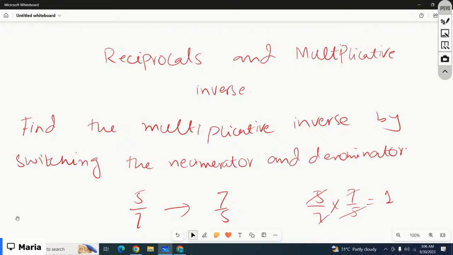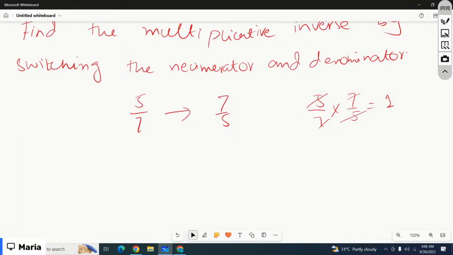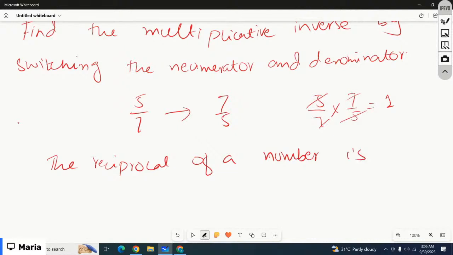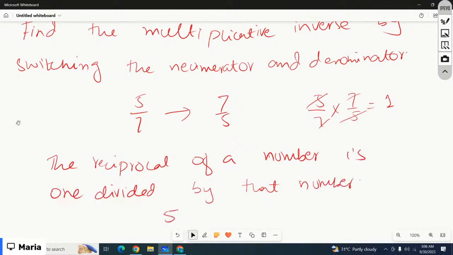The reciprocal of a number is 1 divided by that number. For example, you have the number 5, right? The reciprocal of 5 is 1 over 5, 1 divided by that number.